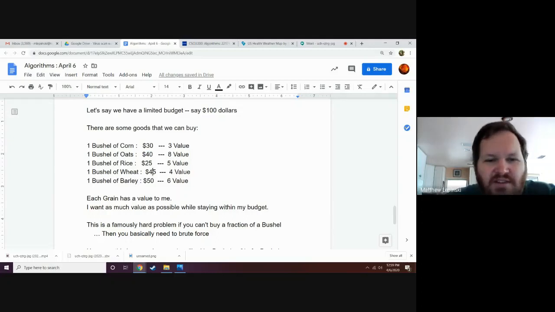Wheat is expensive, costs more than oats, and is giving me less value than oats. So probably I'm less interested in getting wheat. I probably don't want to be spending my money on wheat if there's oats available to buy.